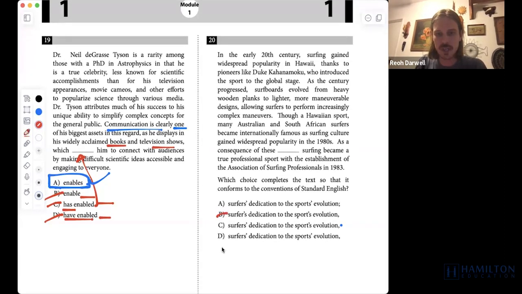So that gets rid of B as an answer choice. Right. Now, we need to make sure that sports is singular, right? So that means that our apostrophe has to come before our S, which means we can get rid of A and D. As such, our only answer choice that works is C.